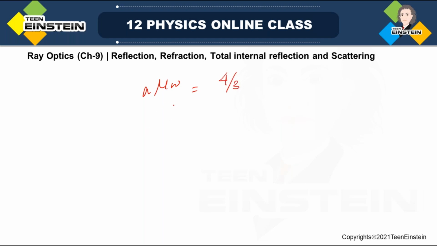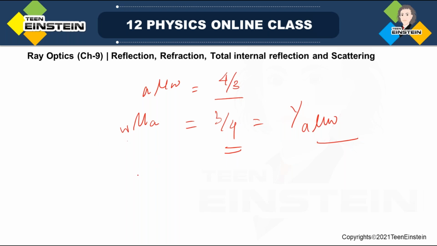If we want to write w mu a, you have to just take the reciprocal, so 3 by 4.